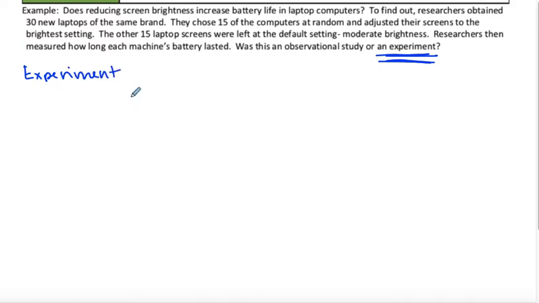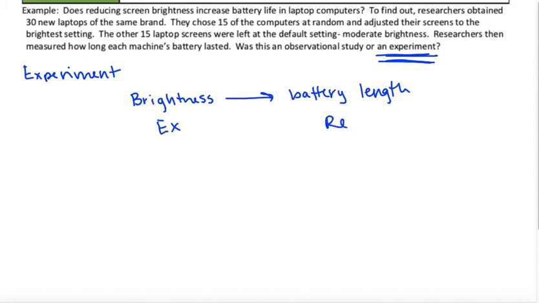They're imposing the brightness as the explanatory variable, and the response that it's acting on is the battery, how long it lasts, so the battery length. And so we want to consider that when we're looking at our explanatory to the response.